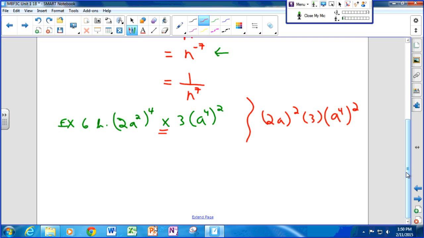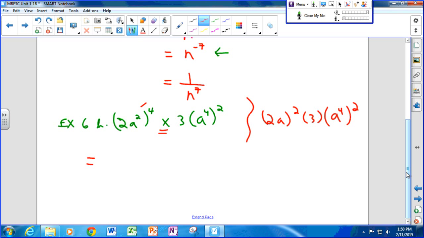Okay, so let's see what we can do. Probably the easiest now is to take care of the power to the power situation. So this 2a to the power 2 to the power 4.